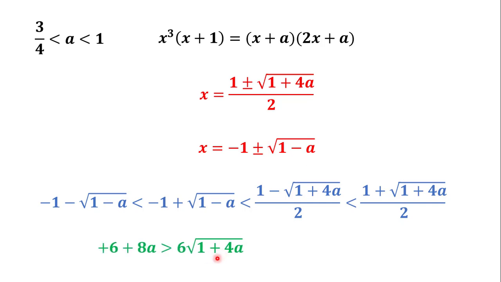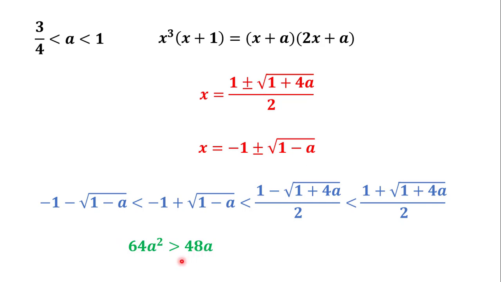We have radical terms, so we need to square both sides once again. By multiplying 1 plus 4 times a by 36 and moving 96 times a and 36 to the right hand side, we get 64 times a squared is greater than 48 times a.